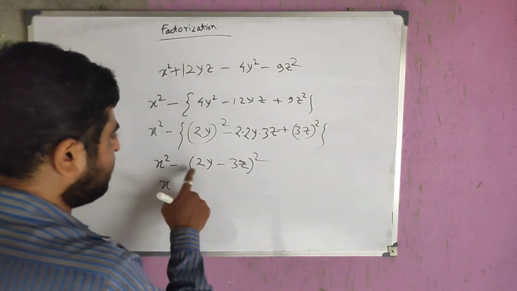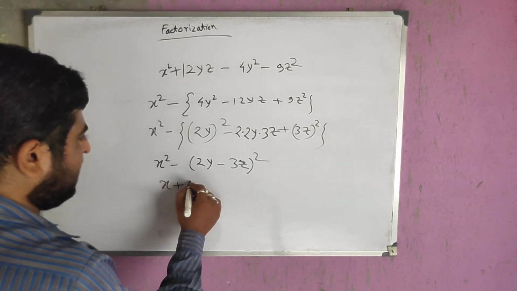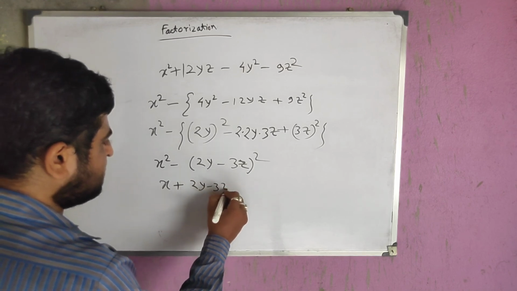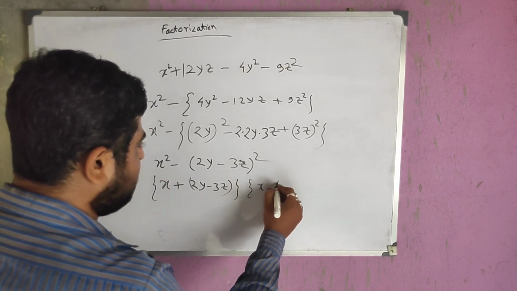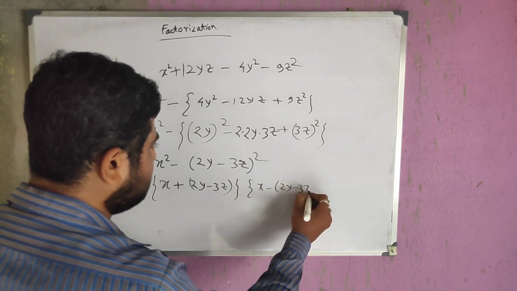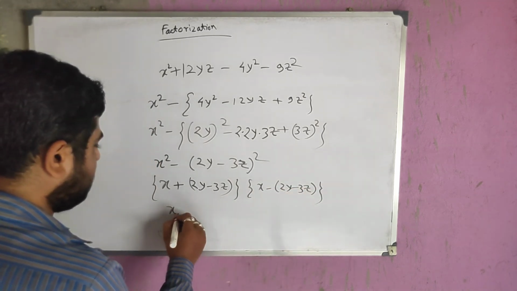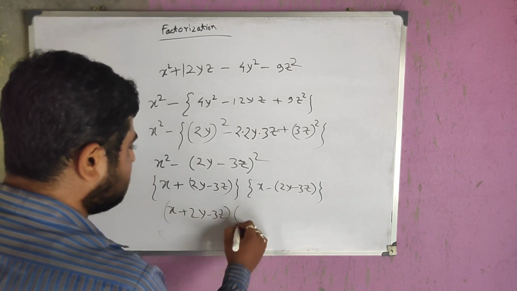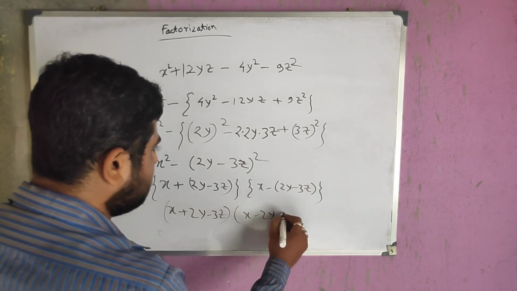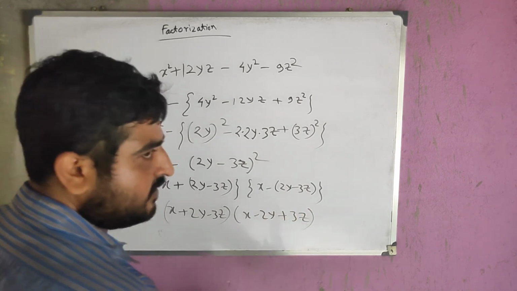So it is again a square minus b square. So x plus 2y minus 3z and x minus 2y plus 3z.